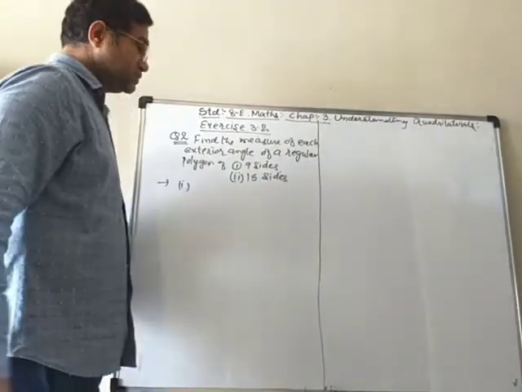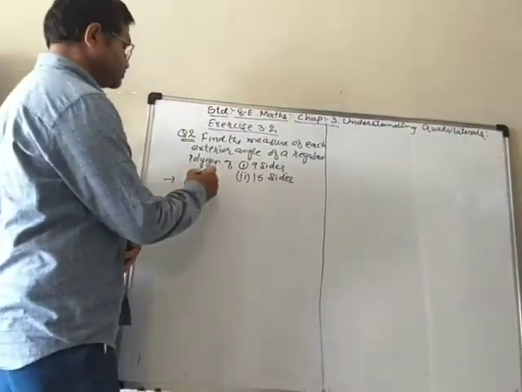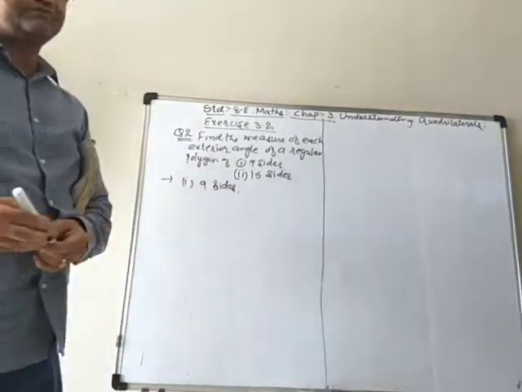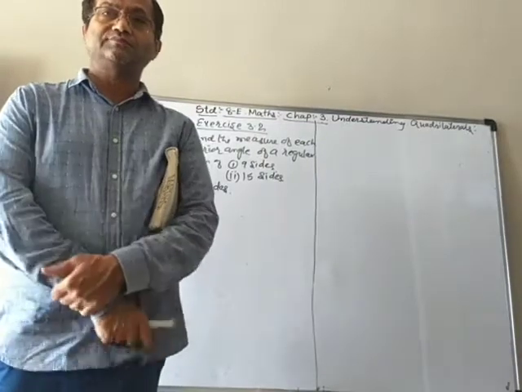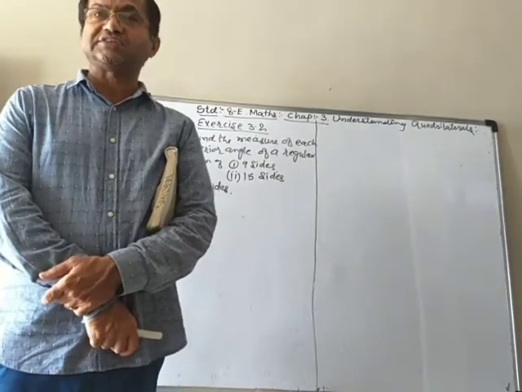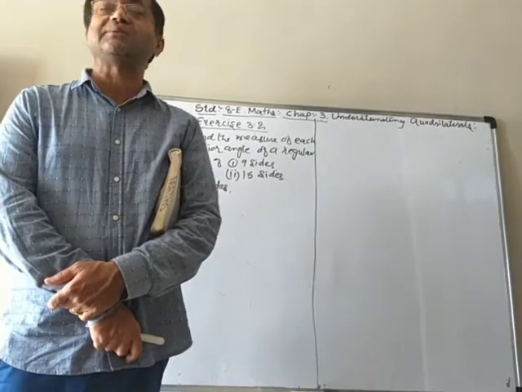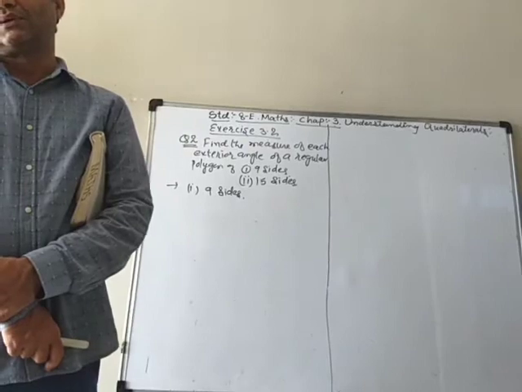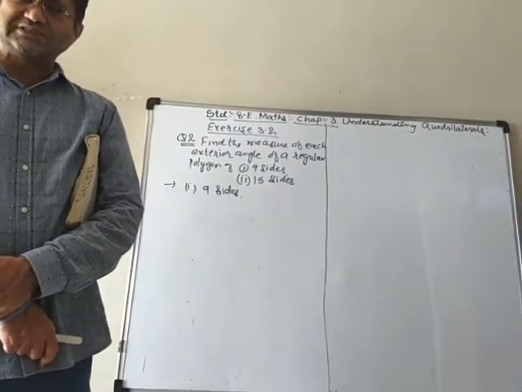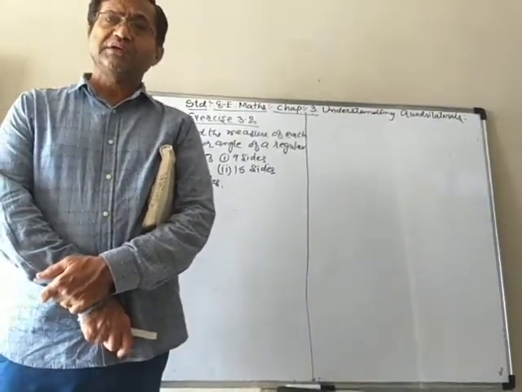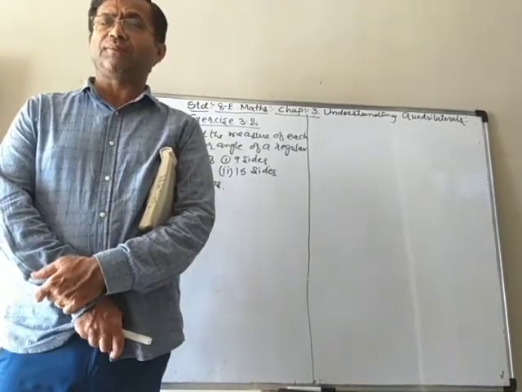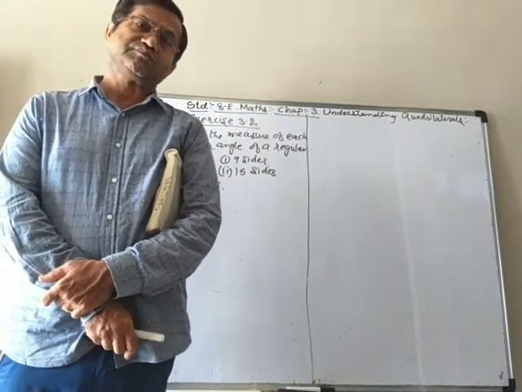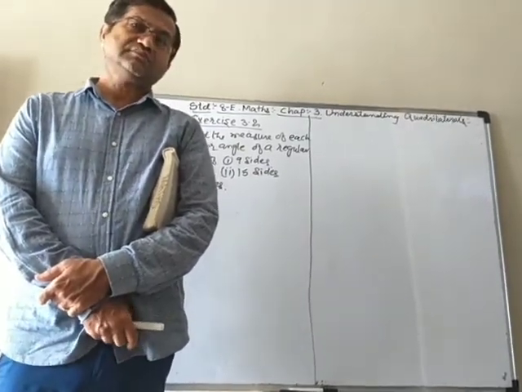First we will think about the 9 sides. Now we know that if it's a regular polygon, then each exterior angle will be of the same measure. Now how will we find the measure of it? It is simple, because we know that the sum of all the exterior angles of a polygon is 360 degree, and all the 9 angles are the same.